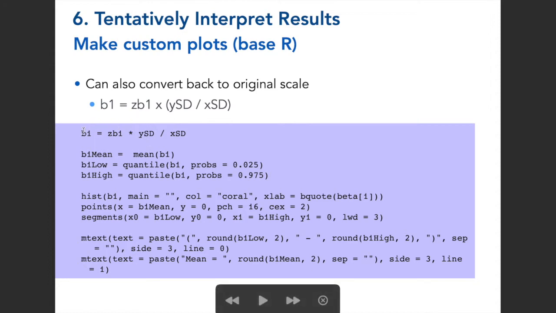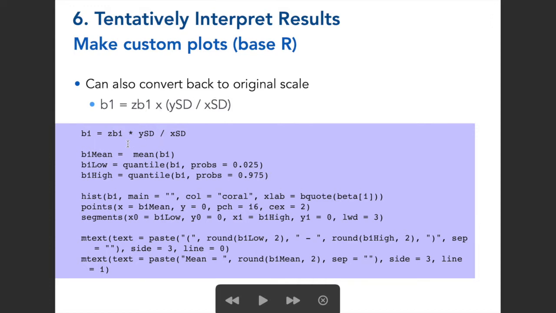So for our regression coefficients, other than the intercept, you can always use this equation to convert them back to the original scale. So it's the standardized coefficient times the standard deviation in our y variable divided by the standard deviation in our x variable. So this will always work across our regressions.